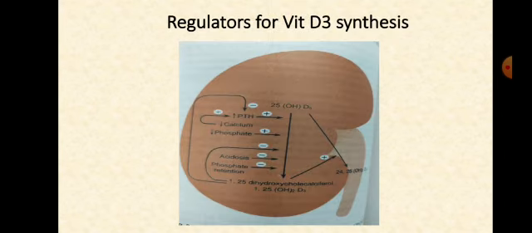Now, let us see how the level of vitamin D3 is regulated in the blood. Vitamin D3 secretion is regulated by various factors, the most important being the blood calcium level itself.